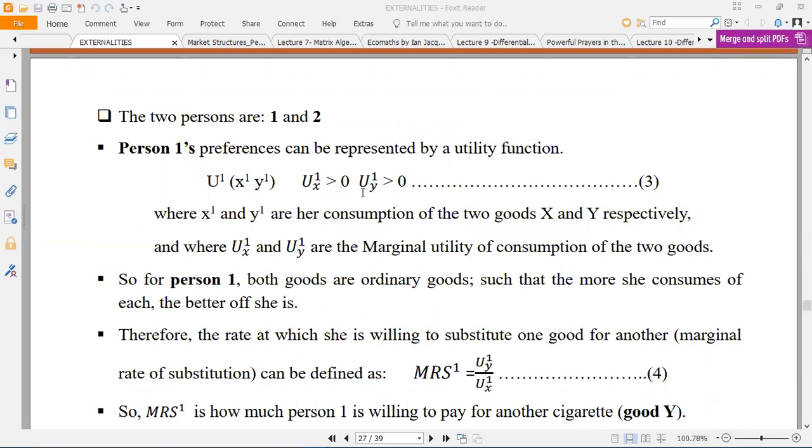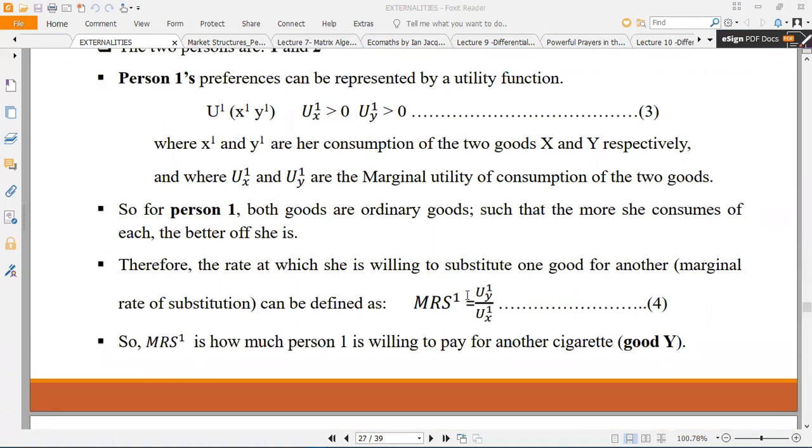In other words, he becomes better off by increasing his consumption of both good X and good Y. So to him, both good X and Y are just ordinary goods. Consuming more makes him better off.